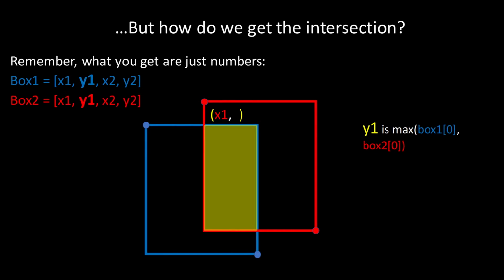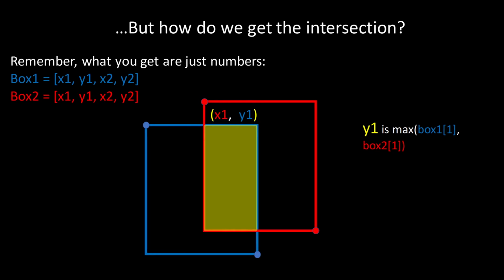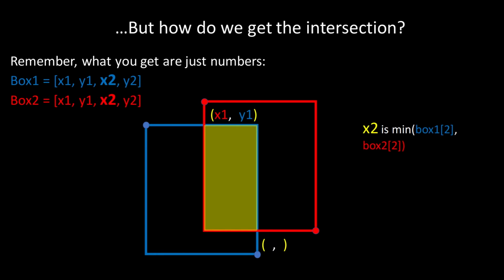And then for the y1 value, we're again going to take the maximum, but now the blue one is further down than the red one. So we're going to take the y1 value from the blue box. So moving on to the bottom right corner point of the yellow region, that's going to first be the minimum of those two boxes, and the minimum of those two is in this case going to be the blue one.